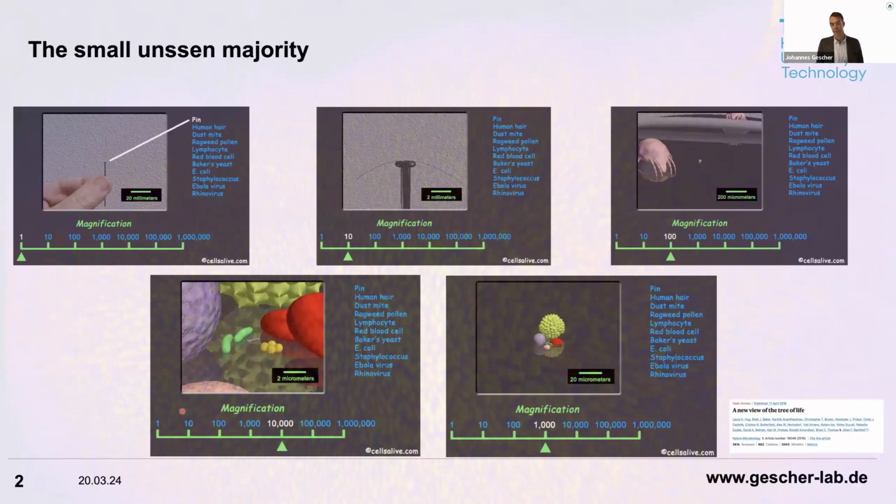Biofilms are usually made out of microorganisms. Because some of you might be chemical engineers and not that familiar with microorganisms, I thought I'd start by asking: what are microorganisms? This animation shows a nail between two fingers, and with more and more magnification we get closer to the surface of the nail.